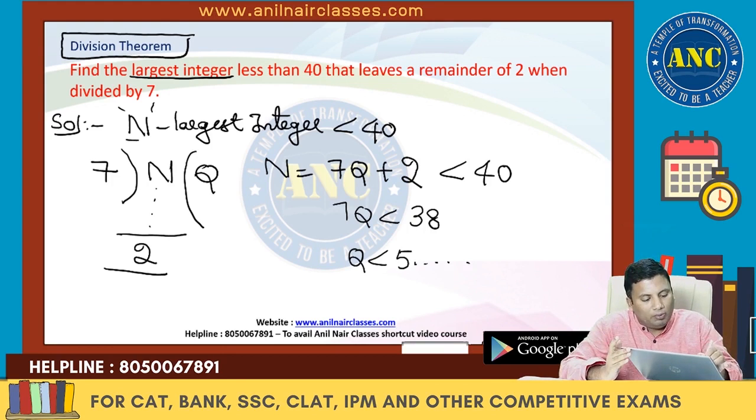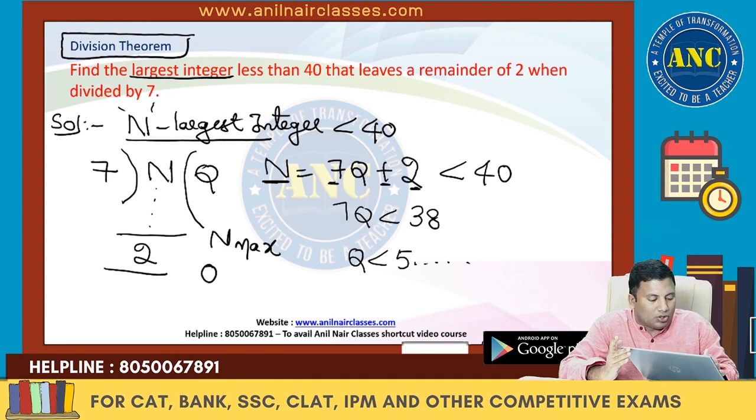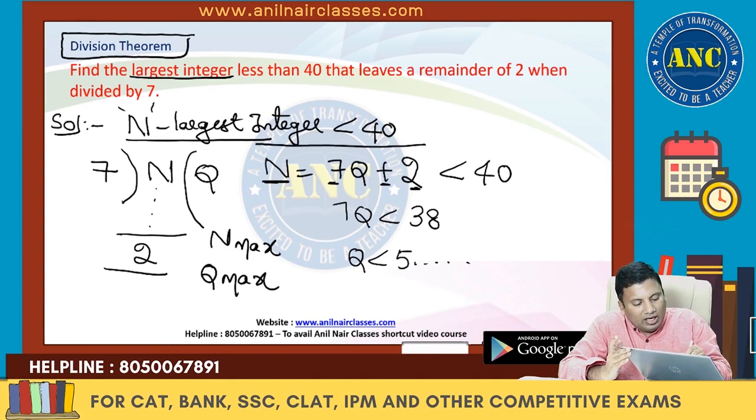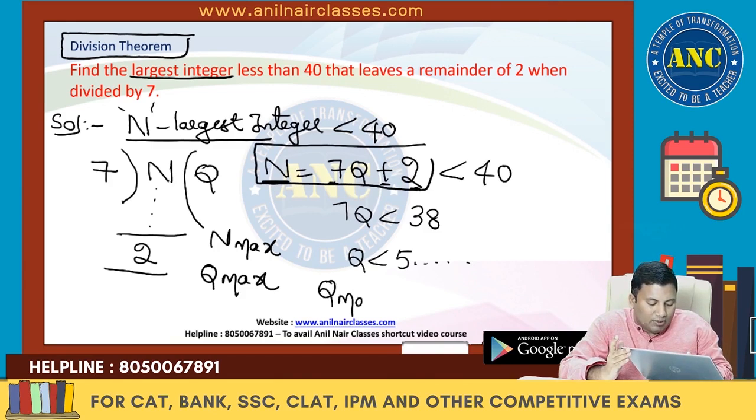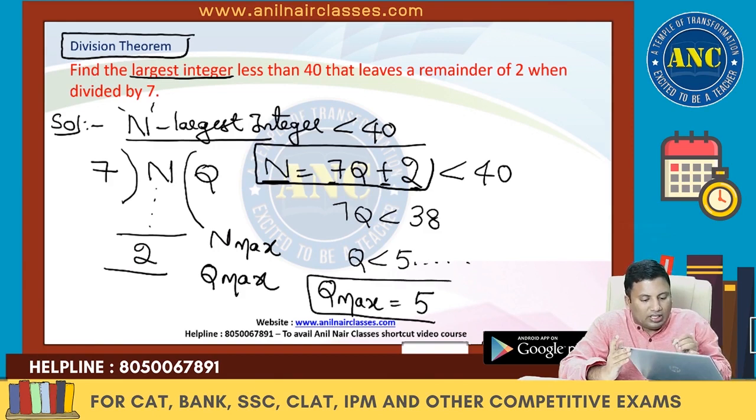For n to be largest, since this is a positive sign, q also should be maximum, because the equation is n equals 7q plus 2. What is the maximum integer just less than 5 point something? Q maximum is 5.